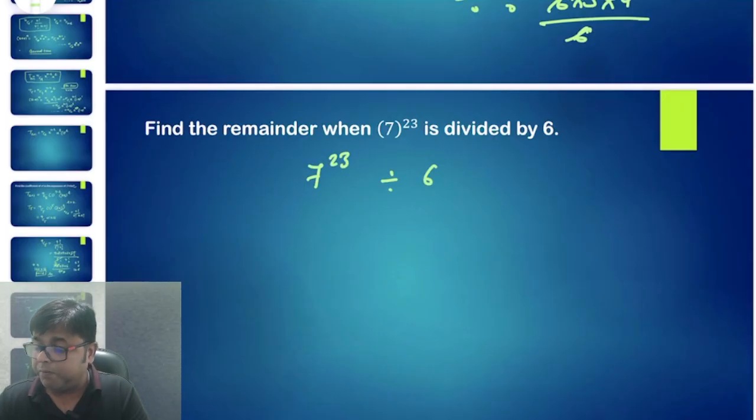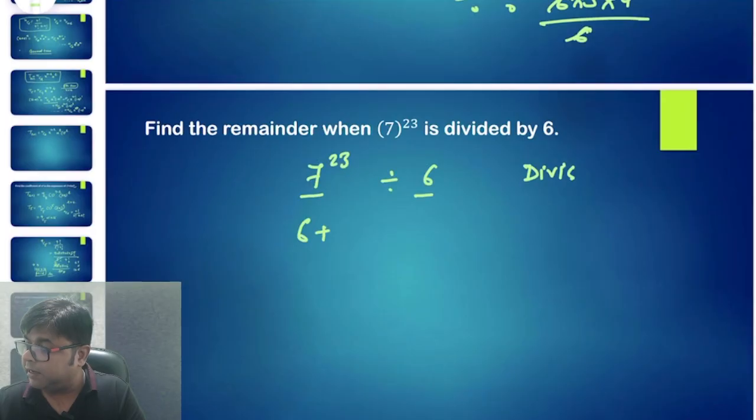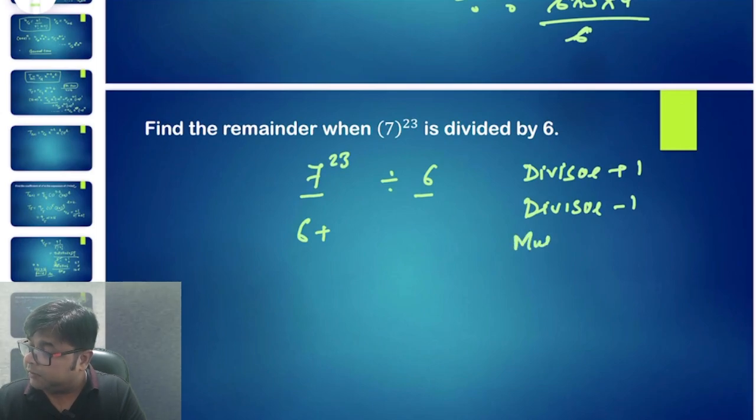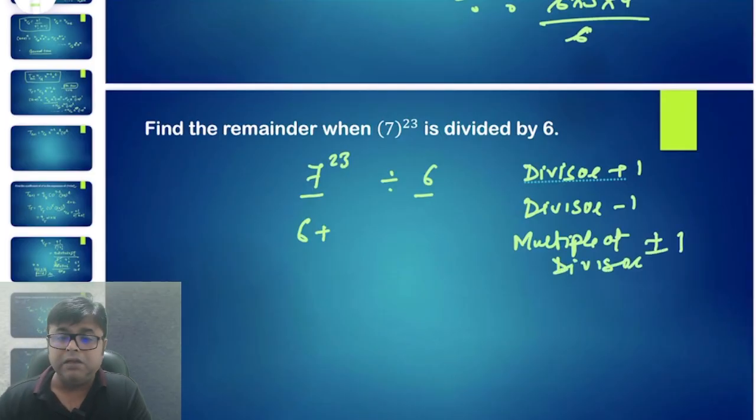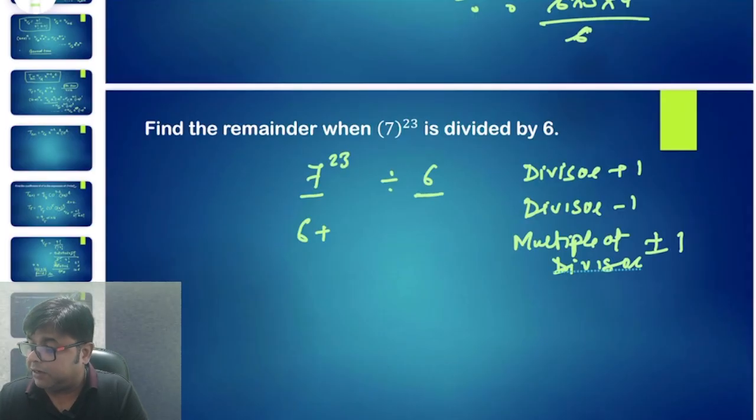But if I use binomial, I can always try to break the number as divisor plus 1 or divisor minus 1, or you can also write multiple of divisor plus minus 1.